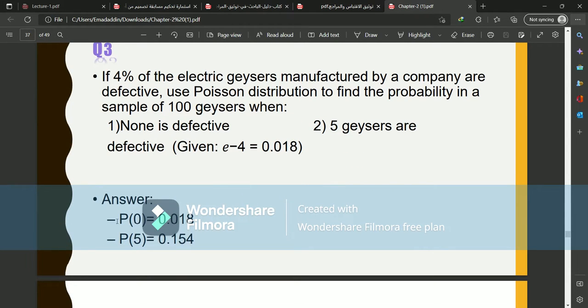The answer: P(0) equals 0.018 and P(5) equals 0.154.